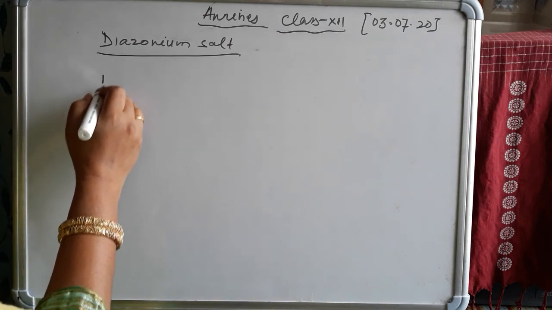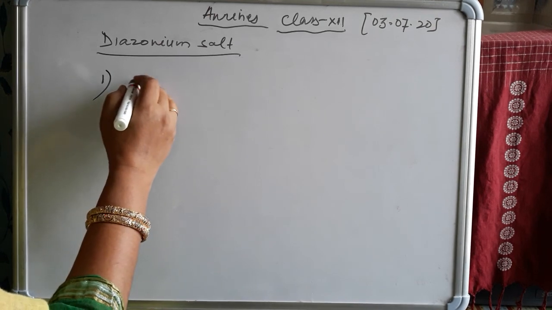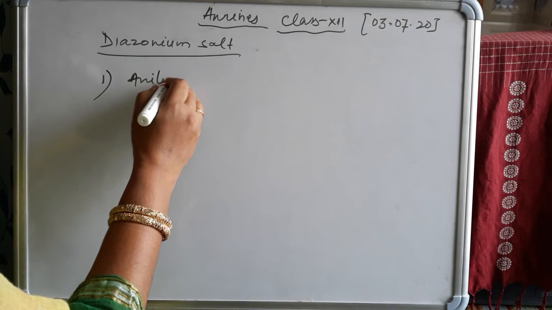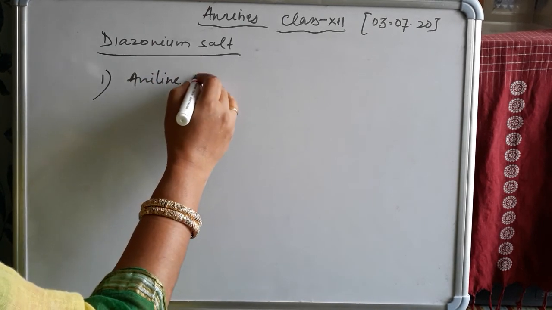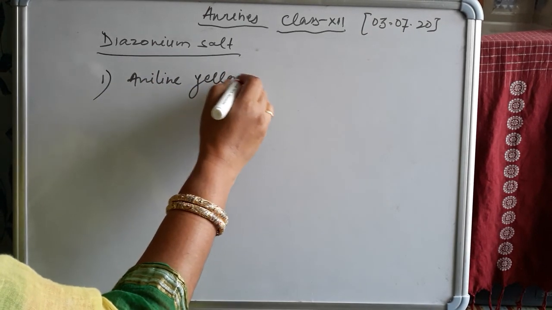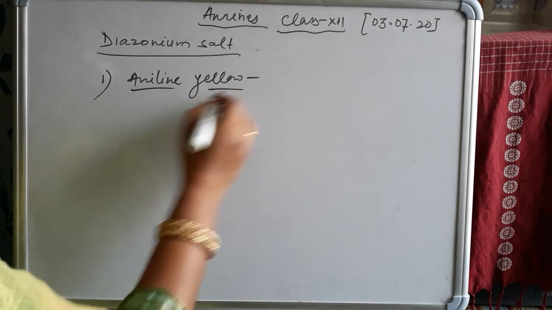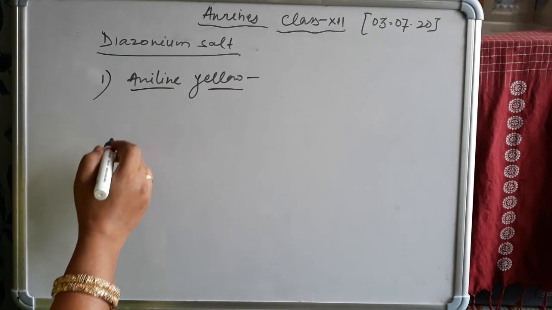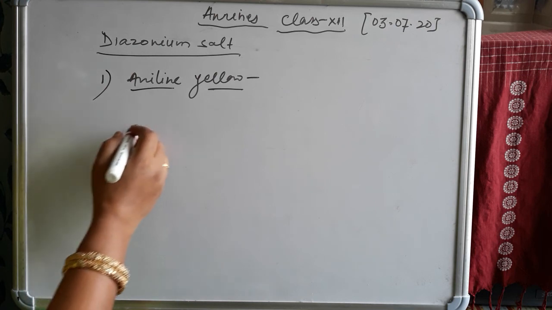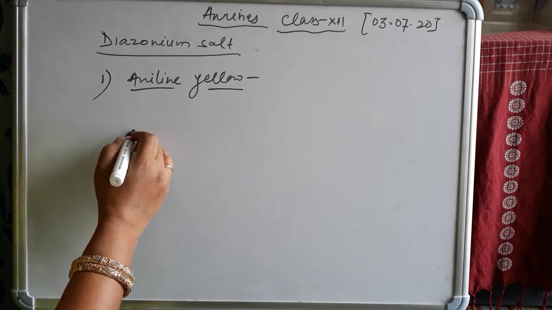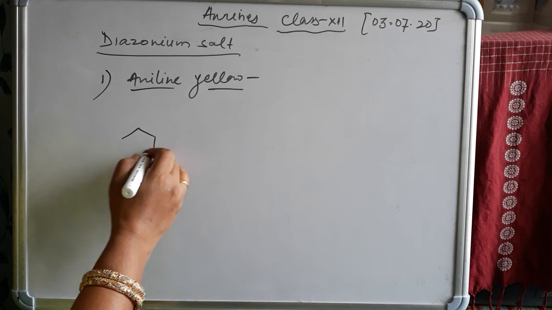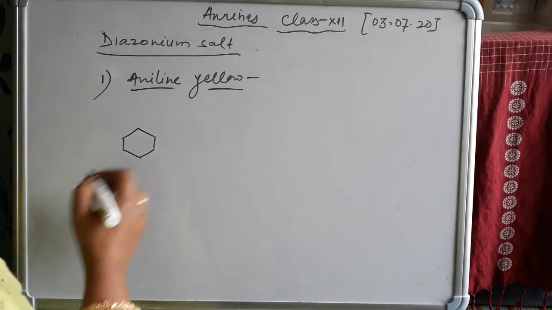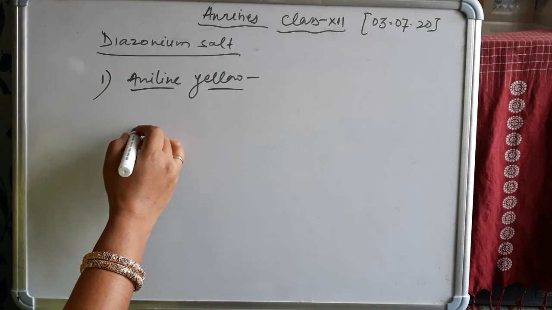So today, in the coupling reaction, I am going to explain the dyes, aniline yellow, and how the formation of aniline yellow takes place. In the previous video, we discussed the mechanism involved in the coupling reaction. Similarly, the same mechanism is involved in the preparation of all dyes.